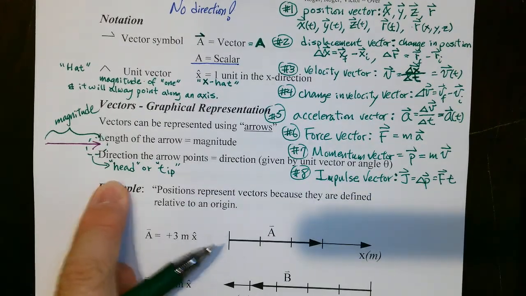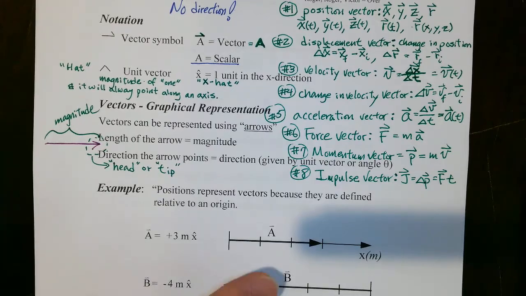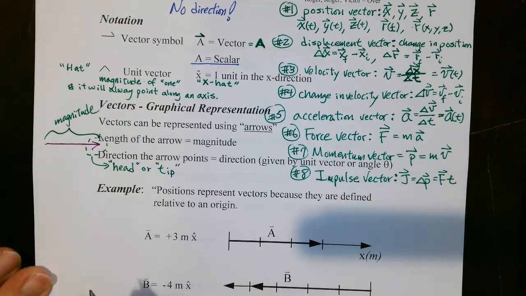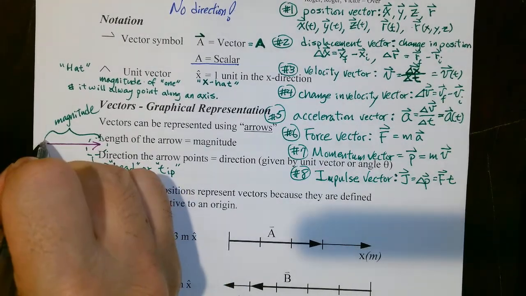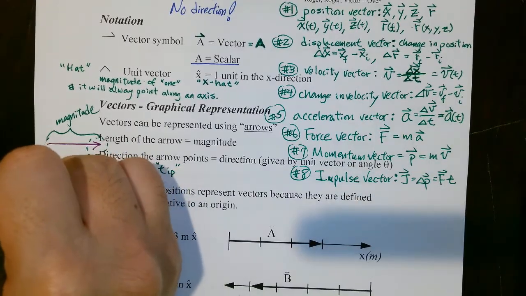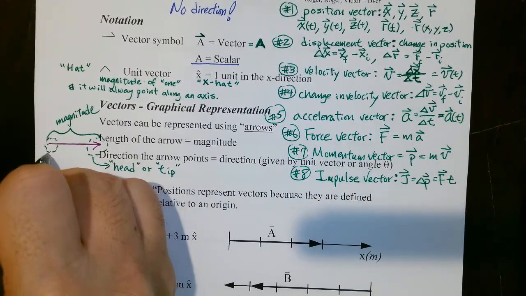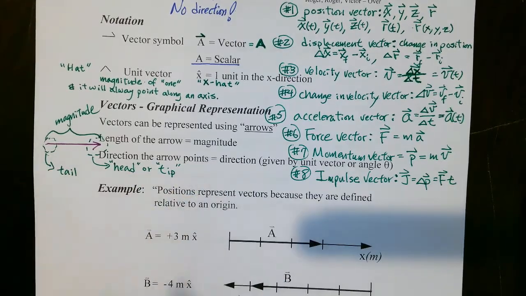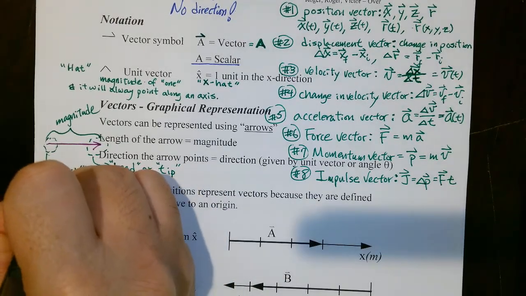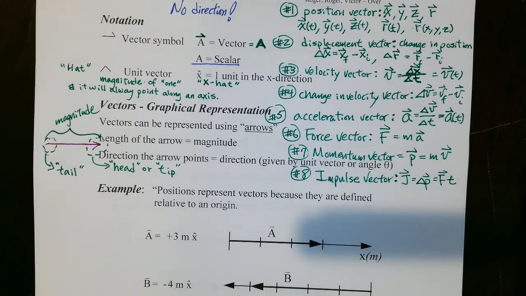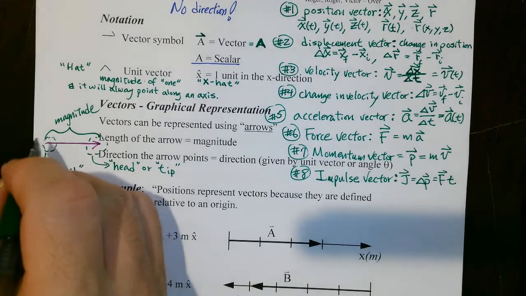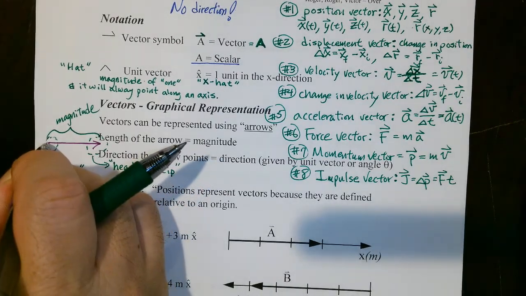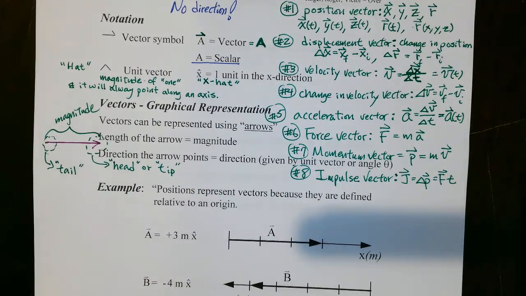The head of the arrow or the tip of the vector will always point in the direction of the vector. The other part is the other side of the head, and that is the tail of the vector, okay? The tail of the vector obviously is at the end of the vector where it terminates, right?